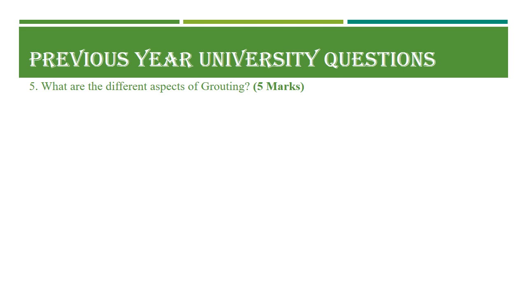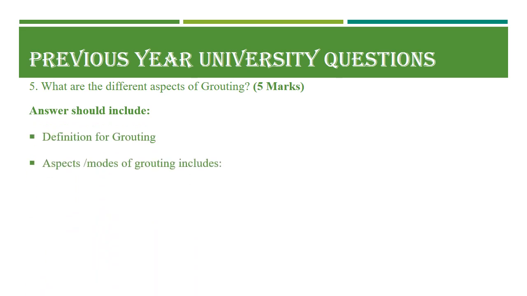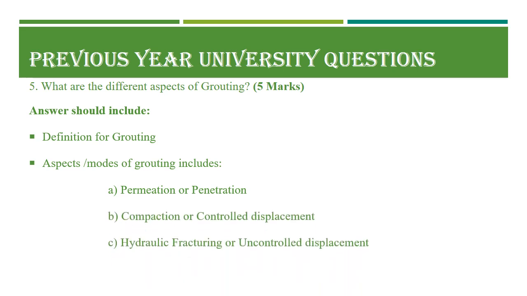The fifth question was what are the different aspects of grouting? The question is asked for 5 marks. So your answer should include definition for grouting, aspects or mode of grouting which includes permeation or penetration grouting, compaction or controlled displacement, and hydraulic fracturing or uncontrolled displacement.